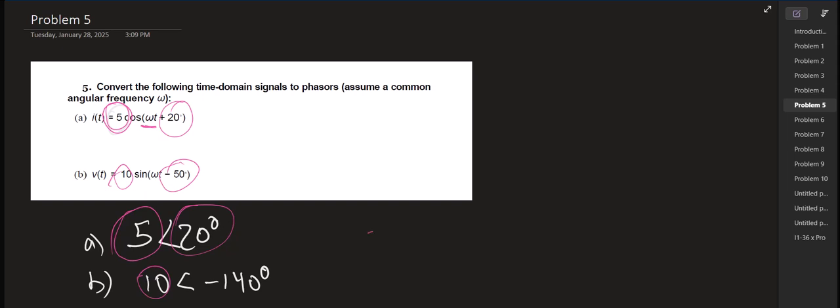So if I had 30 sine omega t, whatever omega is, plus 60, I know that would be 30 angle negative 30 degrees, because I just subtract 90 from it because it's a sine.